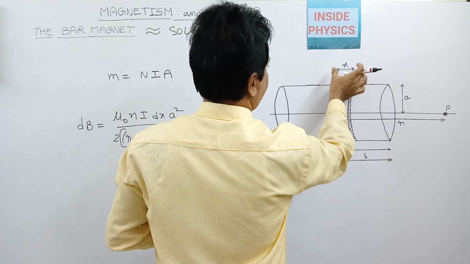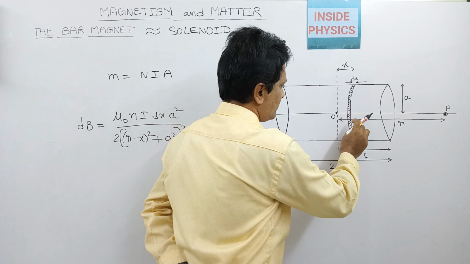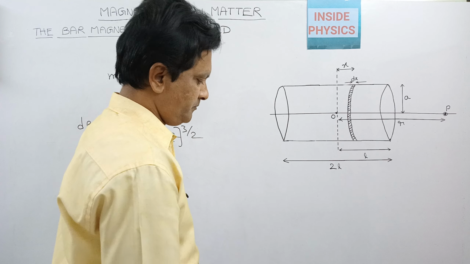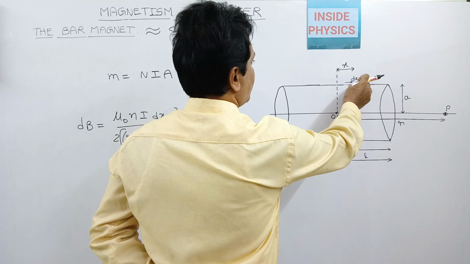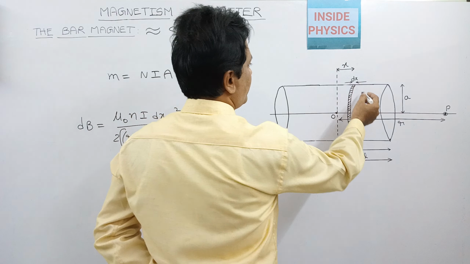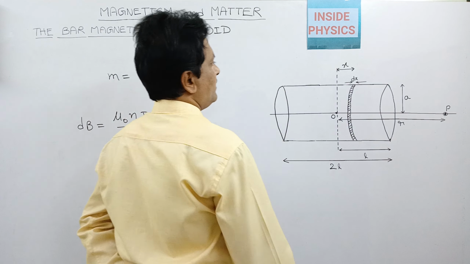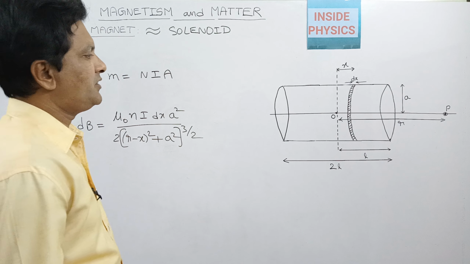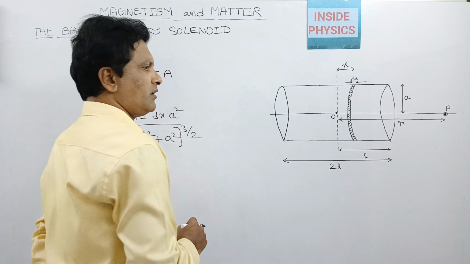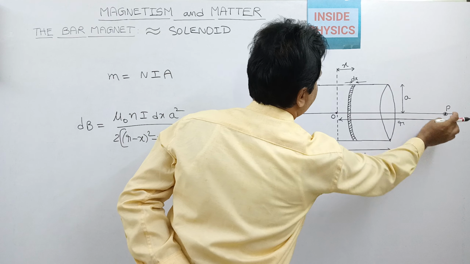Why have we taken this loop? Because we will consider it as a single current carrying circular loop and calculate the magnetic field due to it on the axial line at point P. When we integrate the relation between the limits minus L to plus L, we get the magnetic field due to the entire solenoid at the point P.